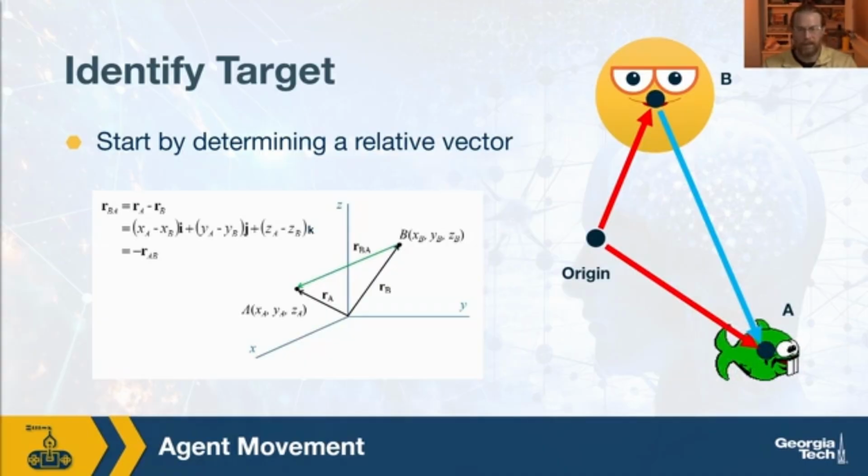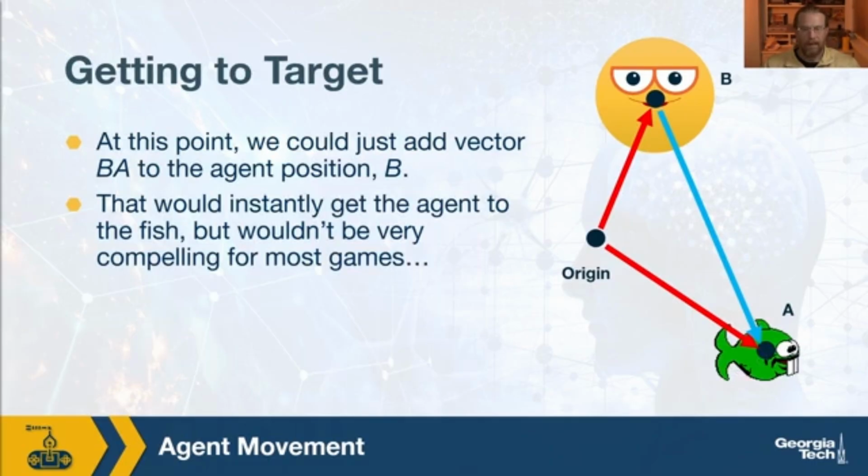So in this case, the relative position vector A, where the fish is, you subtract from that the relative position vector B. So A minus B gives you the vector BA. So now we have a direction that the agent could go. So what we could do is just add vector BA. So again, that's going to be two coefficients that tell us how to get from B to A.